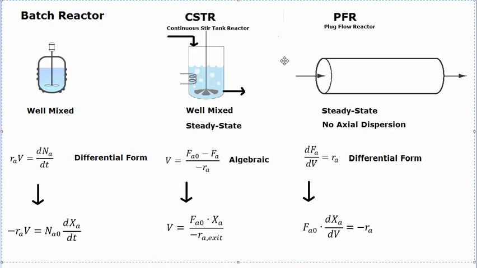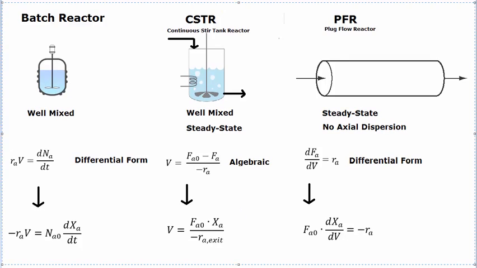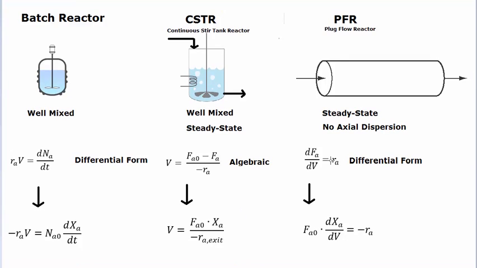Okay, let's take a step back and look at how our design equations have transformed. So we went from these design equations in the differential form to these new design equations in the form of conversion. The advantage here is that, instead of saying, okay, I have this many moles in the system, what does my volume have to be, you can instead say, this is how many moles I'm feeding to the system originally, N sub A naught, F sub A naught.